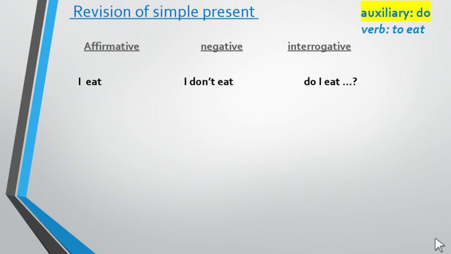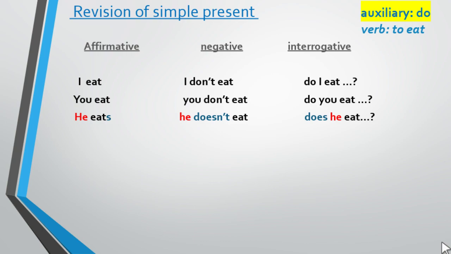I hope you remember the rule. Let's keep going. You eat, you don't eat, do you eat? It's just as simple as that. Okay. He eats, he doesn't eat, does he eat? So you see here the auxiliary do is conjugated in the third person singular, he, as well as here in the negative form, of course.